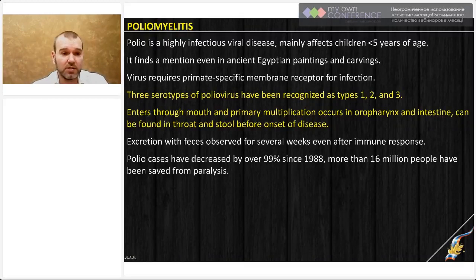Poliomyelitis is one of the most studied and best known diseases. It is an infectious disease observed mainly in kids above 5 years of age, with serious neurological consequences. Descriptions of a disease resembling poliomyelitis were identified even in ancient Egyptian paintings, and it is one of the oldest known diseases.